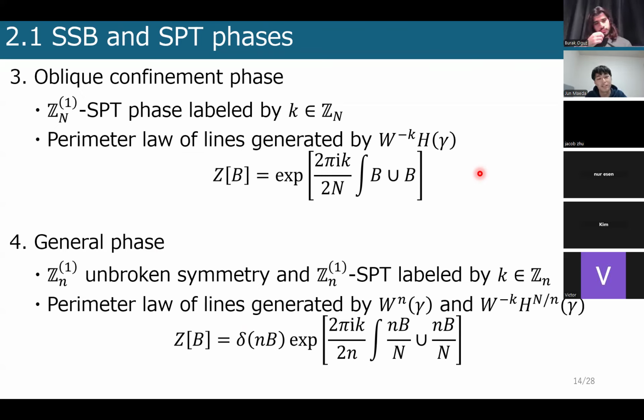For example, if we consider a three-dimensional theory, then the symmetry TFT is described by a four-dimensional TQFT, and the boundary is three-dimensional.